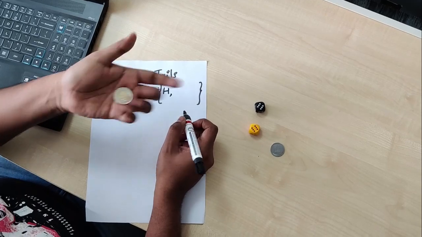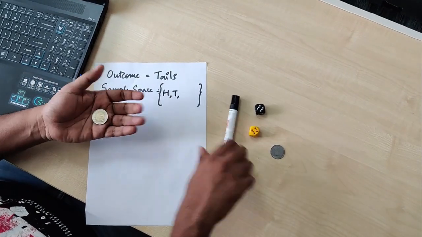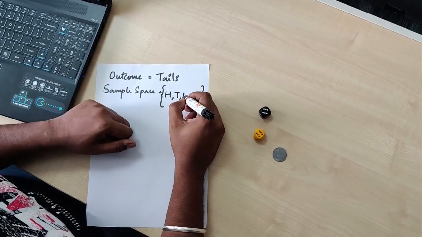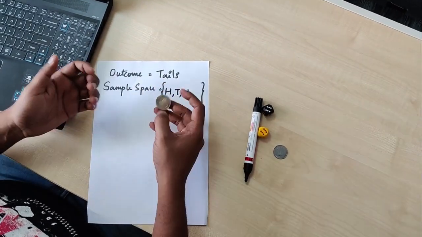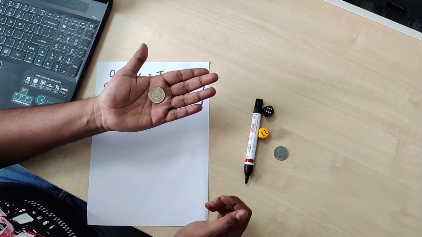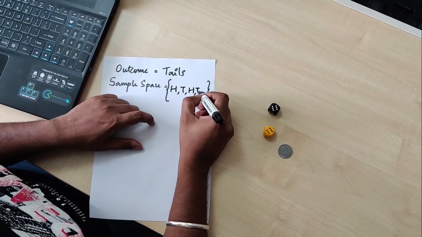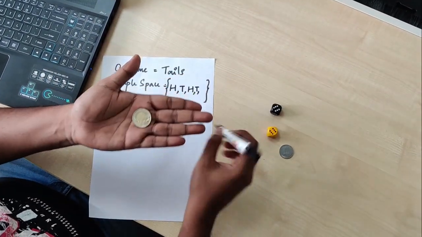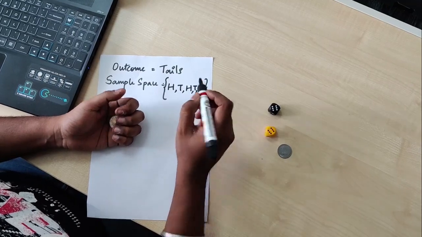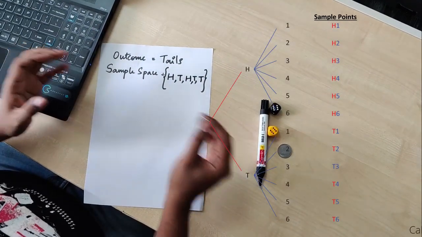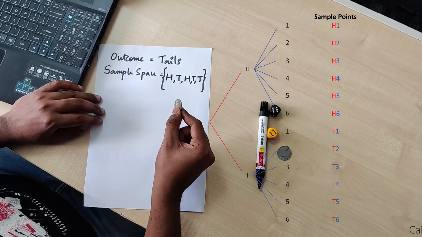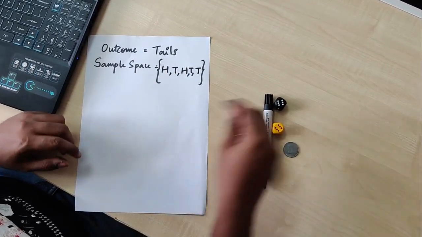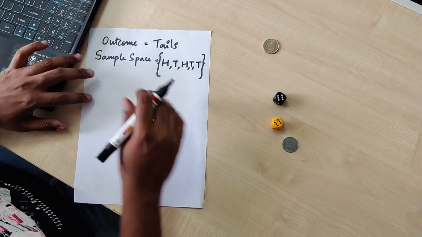The result is tails. Again we got heads. We got tails. Again we got tails. So we had 5 outcomes. This altogether will become a sample space. So this is called a sample space of a coin. Similarly we can do it for dice as well.